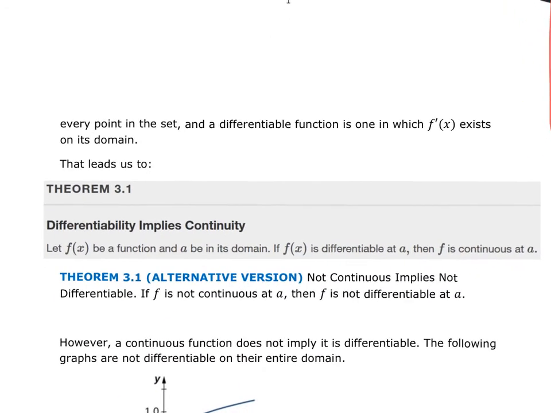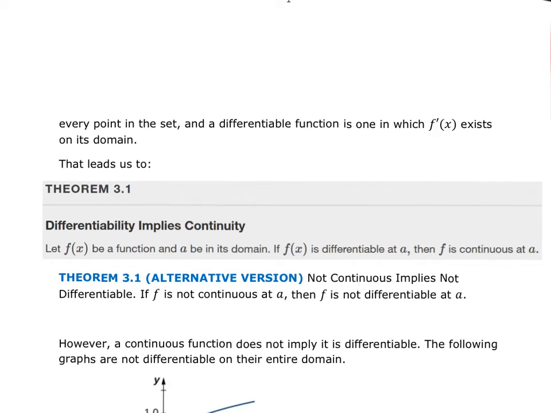That leads us to, if we say it's differentiable, that means it is continuous. So if it is a differentiable function, it is a continuous function. If it is not continuous, it is not differentiable.